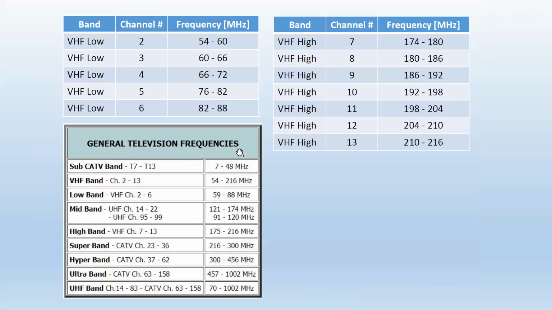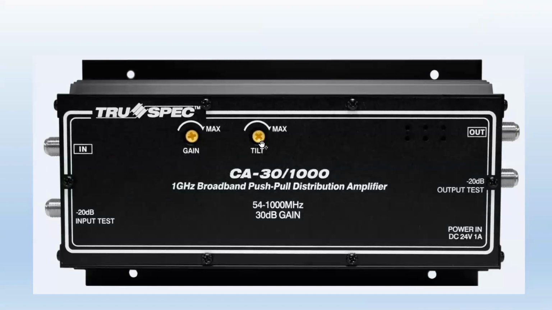So what we could do is adjust the way this amplifier works so that on this output, the higher frequencies are boosted more than the lower frequencies right at the start. So as the signal travels down the long cable, the higher frequencies have almost the same chance as the lower frequencies.